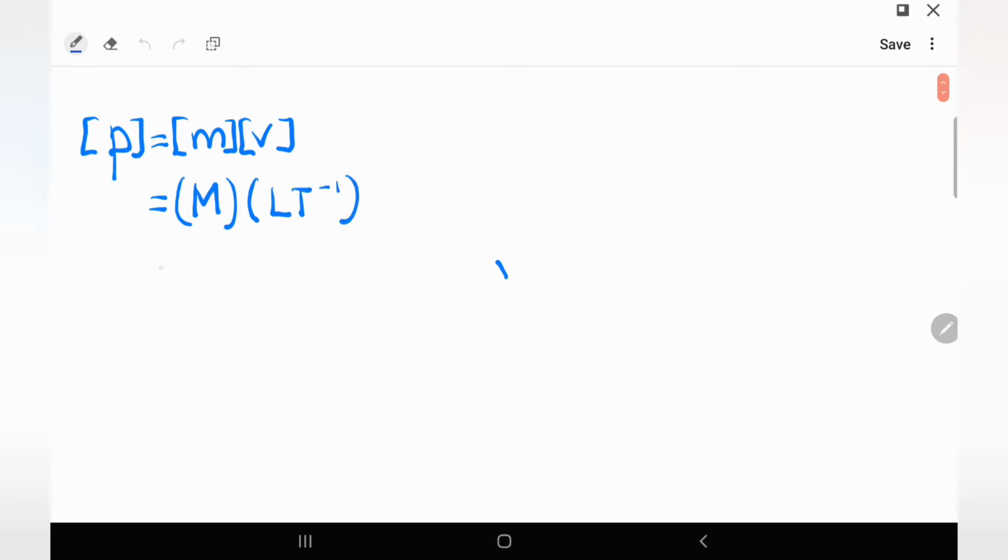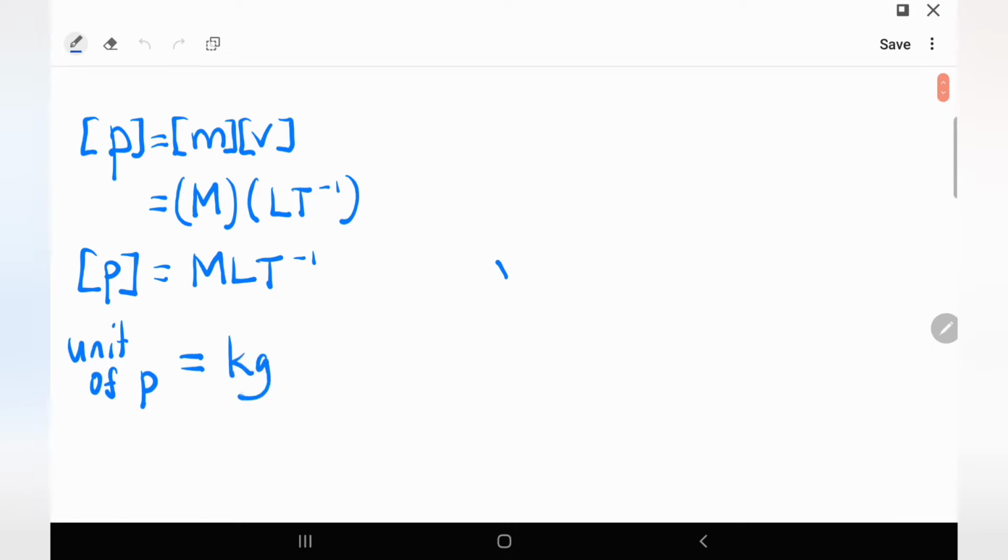So from this, we may say that the dimension of momentum is M L T negative 1. So this is the dimension of momentum. Automatically, we know that the unit of momentum: M represents the dimension of mass, where the unit is kilogram.